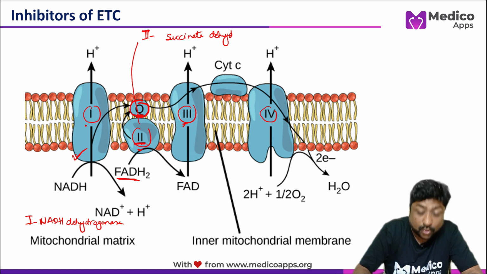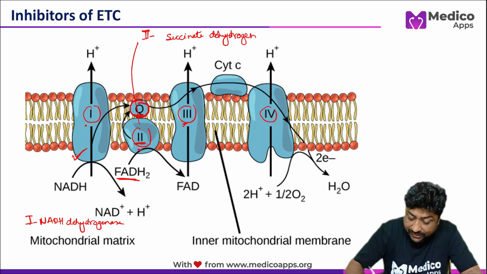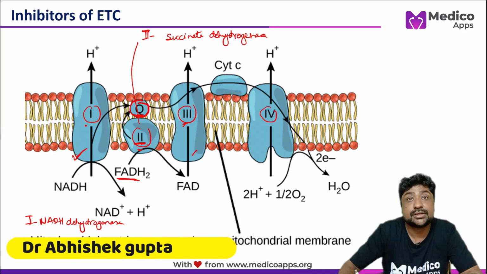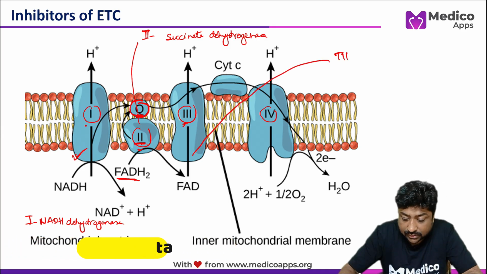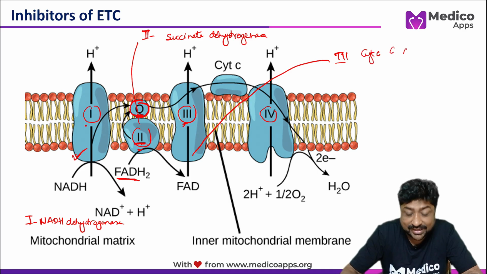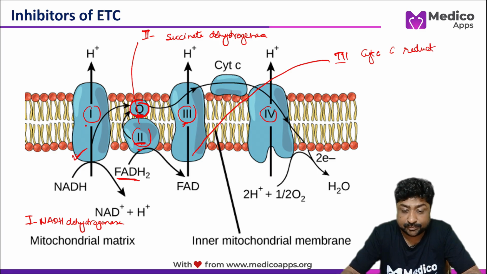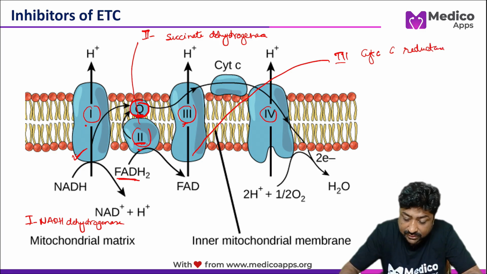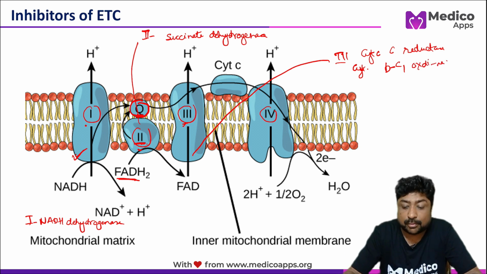Complex 3 is called cytochrome C reductase. There is another name for complex 3, and that is cytochrome B C1 oxidoreductase. So these are the 2 names of complex 3.